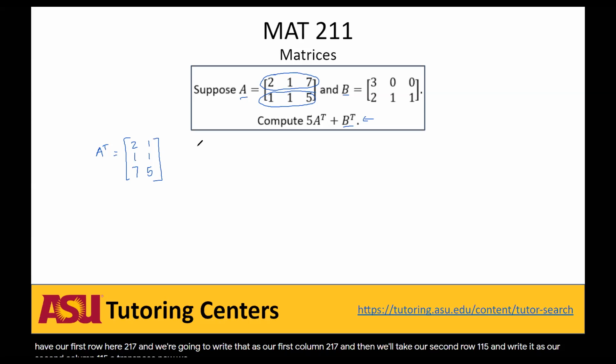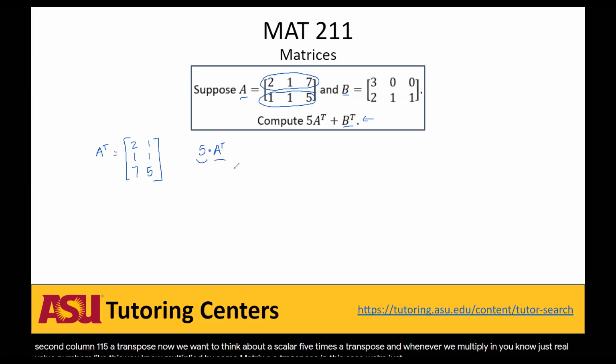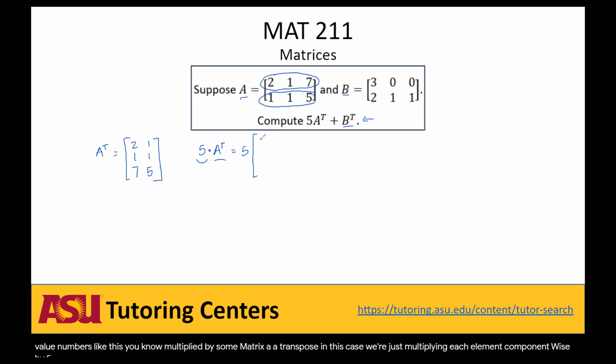Now we want to think about the scalar 5 times A transpose. Whenever we multiply real value numbers like this by some matrix, A transpose in this case, we're just multiplying each element component-wise by 5. So we would have 2, 1, 7 here and 1, 1, 5.